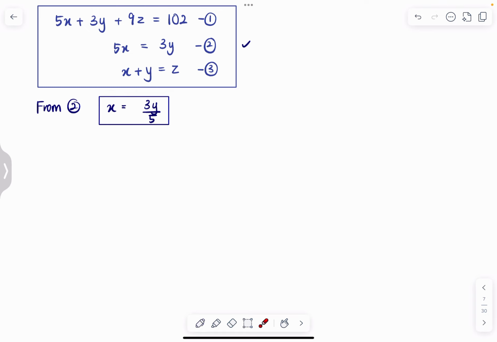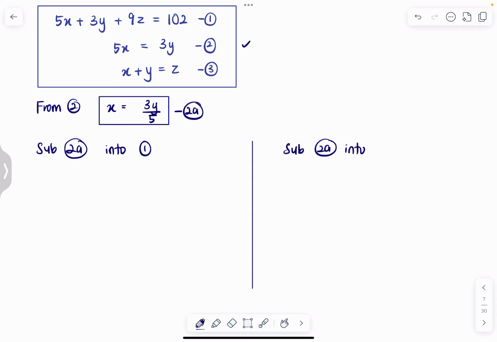Now since this is from equation 2, we can sub this into equation 1 and equation 3. So we sub equation 2, or we can call this equation 2a, into 1 and we also sub equation 2a into 3.